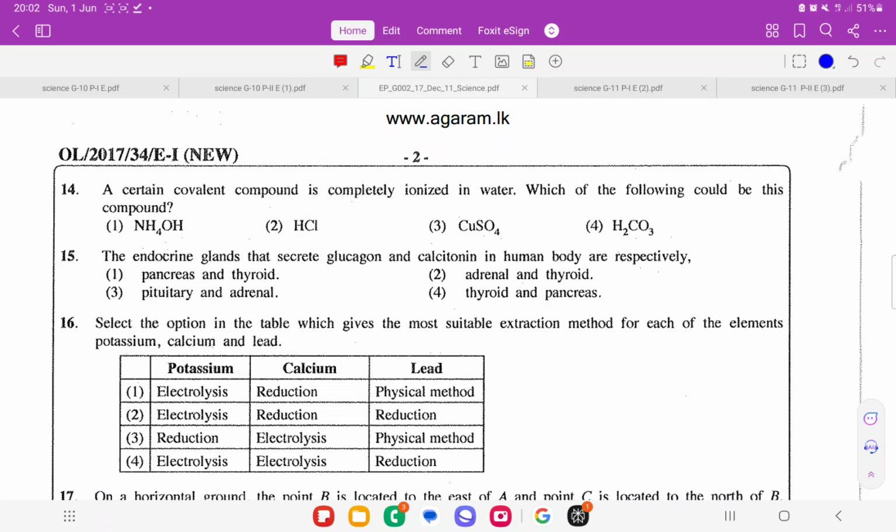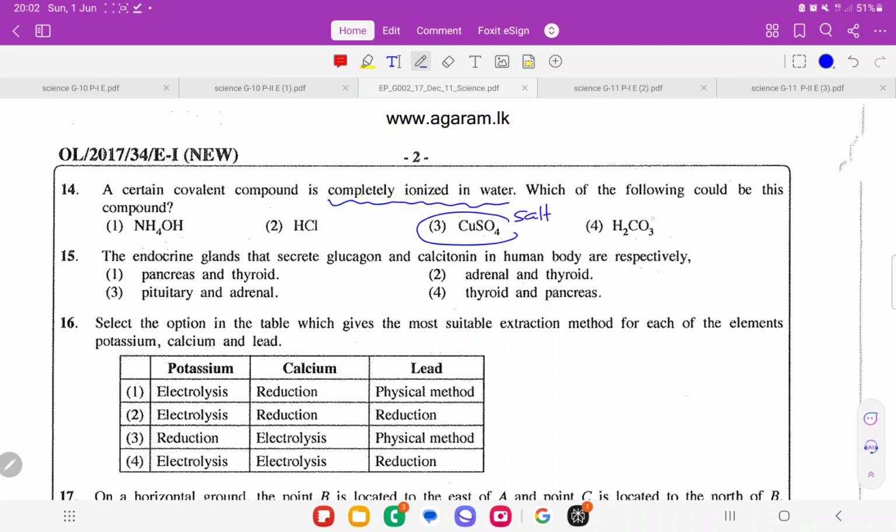So then, a certain covalent compound is completely ionized in water. Which of the following could be this compound? Completely ionized in water means sometimes it can be a strong acid, sometimes a strong base, right? So here, out of these four, copper sulfate is a salt, right?